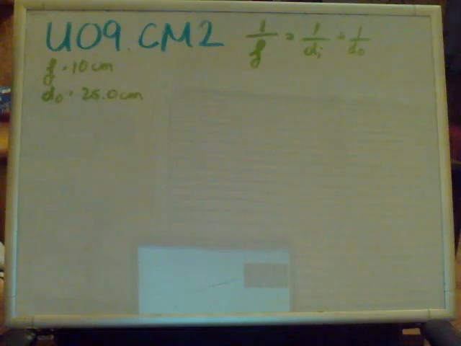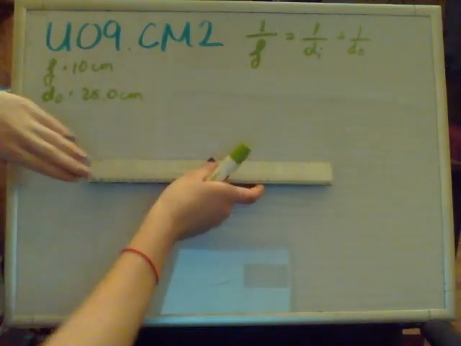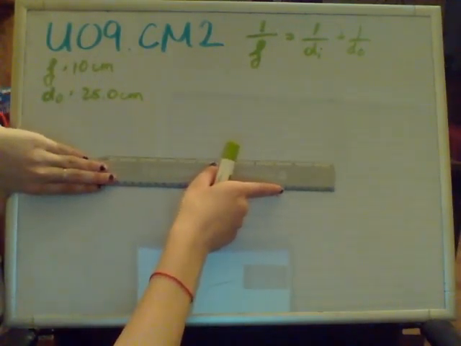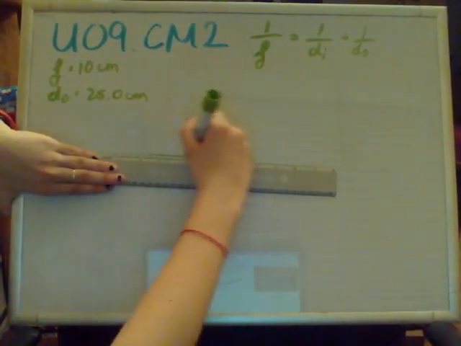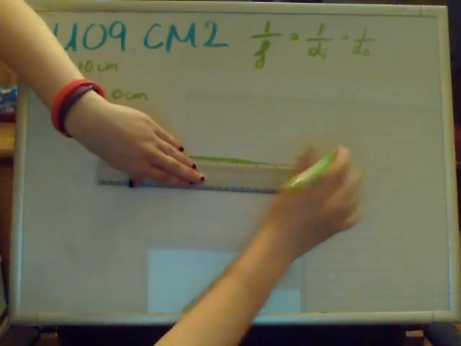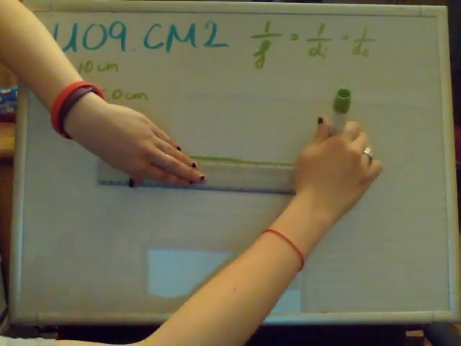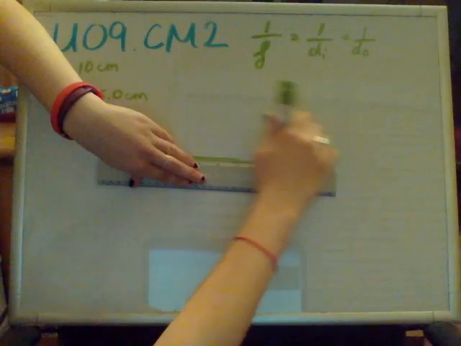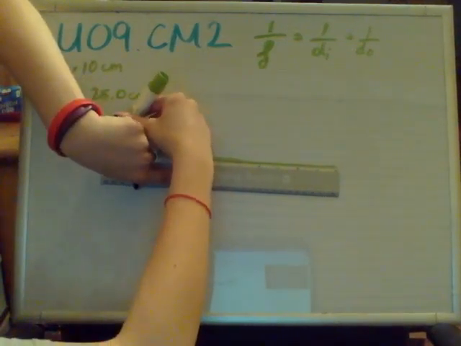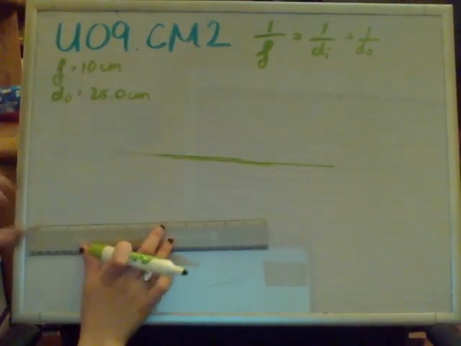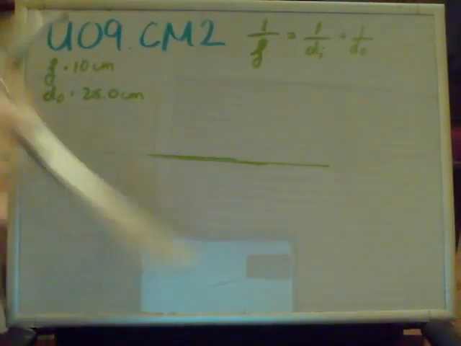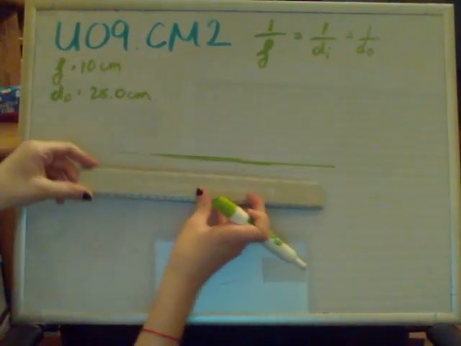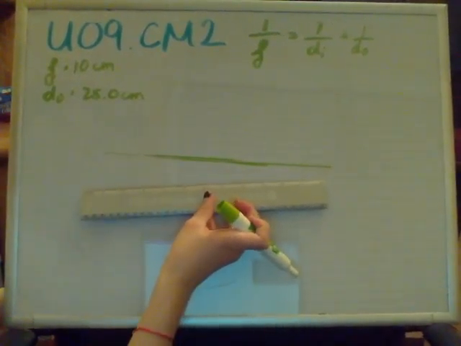So we're going to draw a ray diagram, and it's going to go like this. You have your straight line, and then you measure where you want your mirror to be.